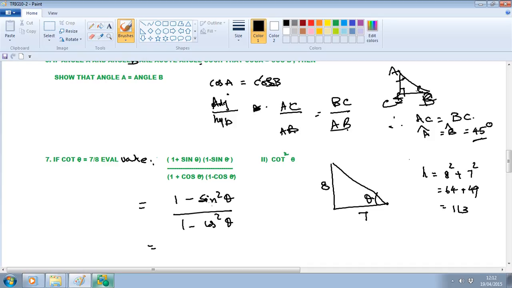So 1 minus sine square theta is equal to cos square theta, and 1 minus cos square theta is equal to sin square theta. So cos square theta by sin square theta is equal to cot square theta. How?